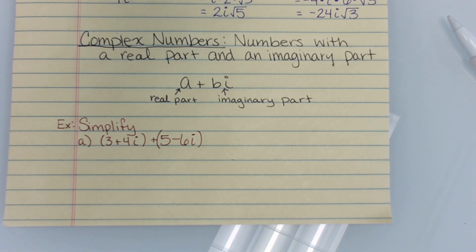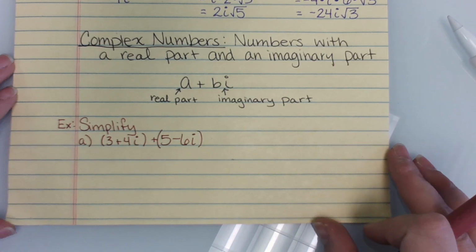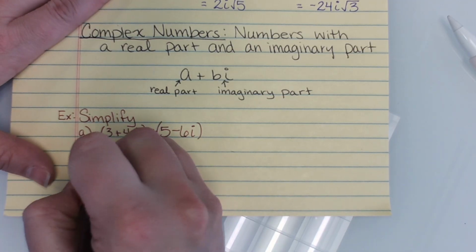When you add binomials that have real numbers, are parentheses necessary? Yes. Like this. Are the parentheses necessary? No. Guess what? When you add complex numbers, the parentheses are not necessary.